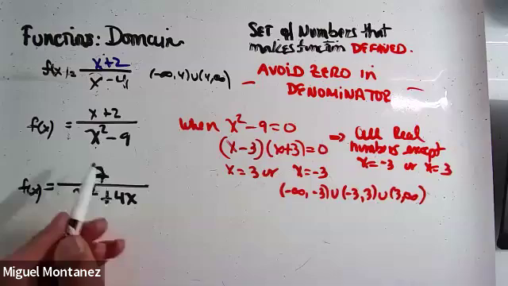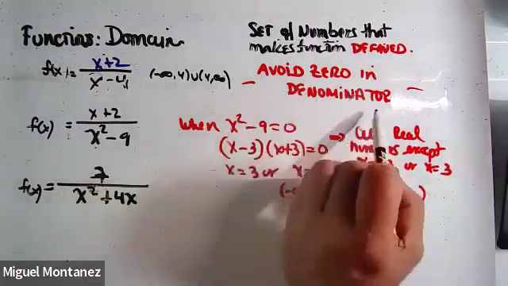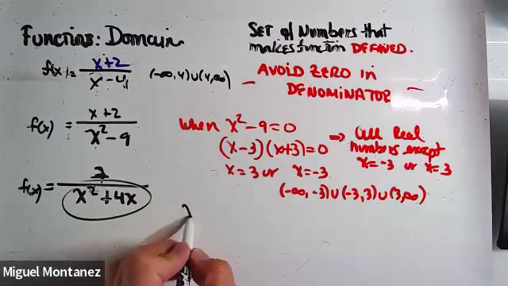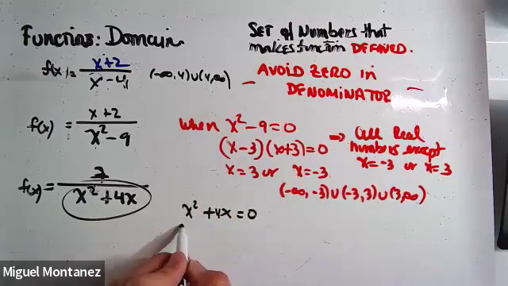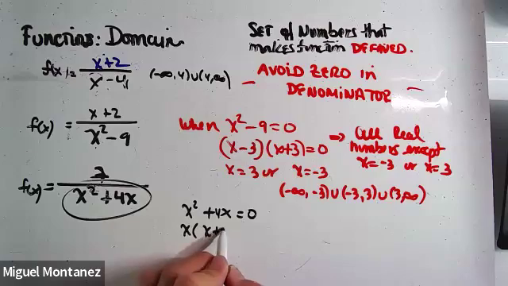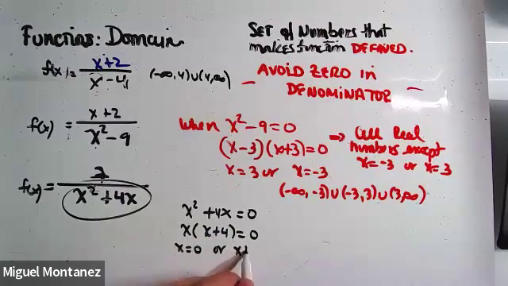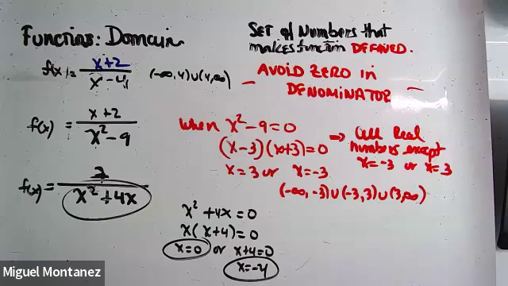And the last example, again, I have the fraction. I have to avoid 0 in the denominator. So this is the denominator. Let's set it equal to 0. So see what we have: x squared plus 4x equals 0. We may factor out the x. So now x equals 0 or x plus 4 equals 0. Therefore, x equals -4. So these two are the exceptions. These are the two numbers that I must remove from the domain.